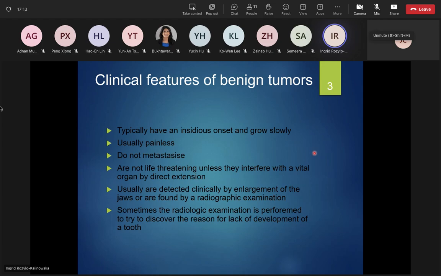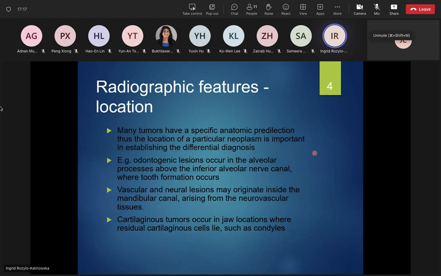Many tumors have some anatomic predilection, so it means that they are encountered in some specific places. Of course, this is not always 100% sure, because the rules say one thing, but medicine is not mathematics or physics. Living organisms do not always abide by the rules.